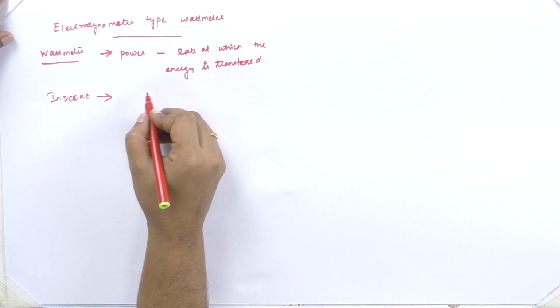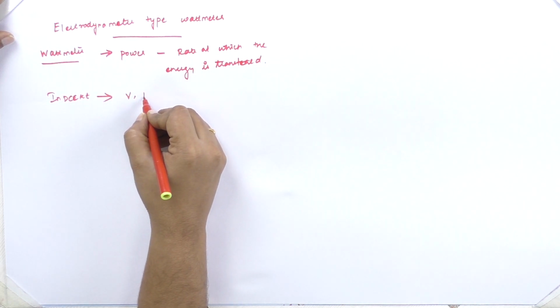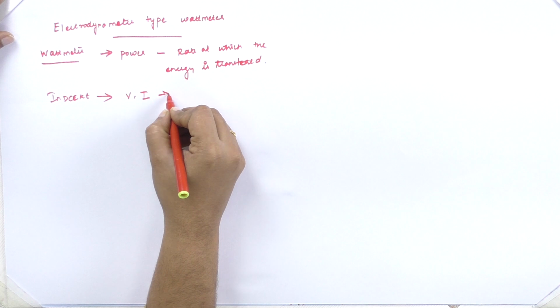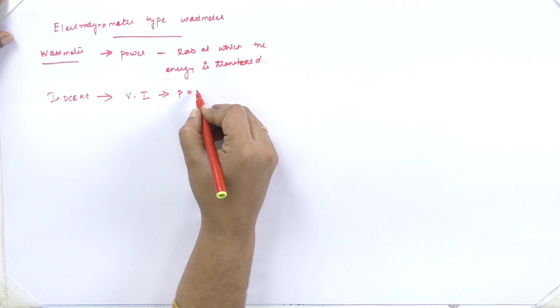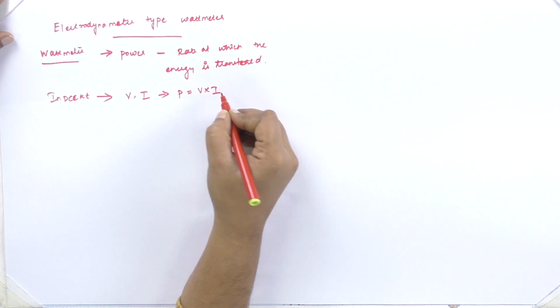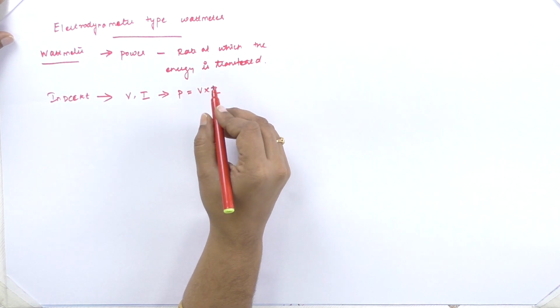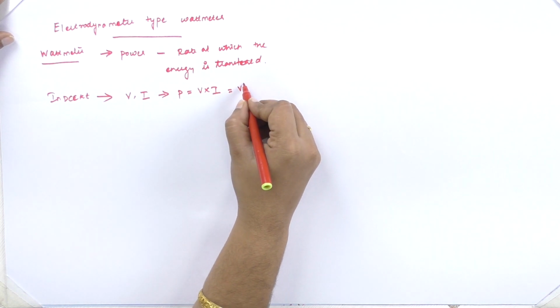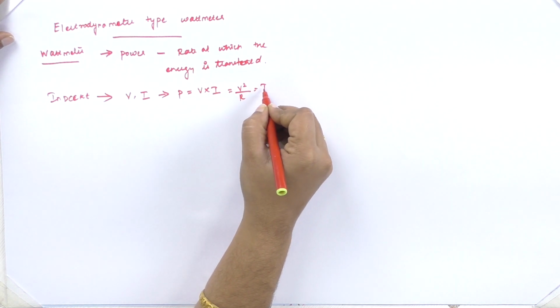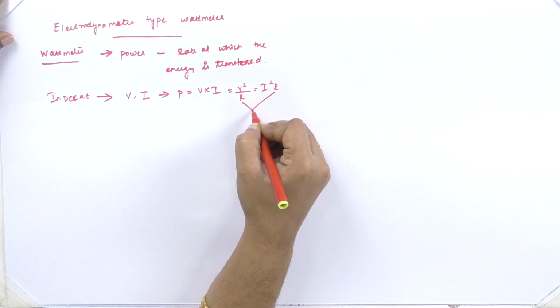From them we can measure the DC voltage and current, and from that calculate power using the voltage and current. This can also be written as V square by R, which is equal to I square R, if the values of resistance are known.